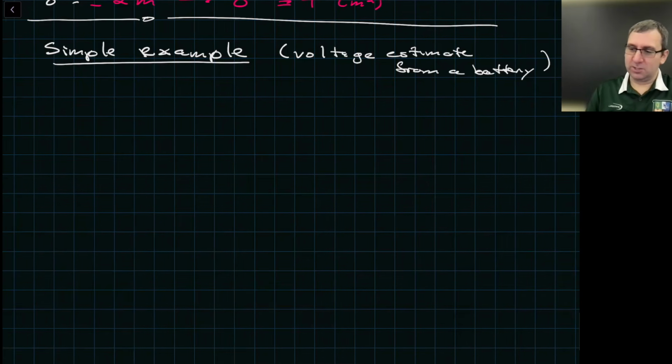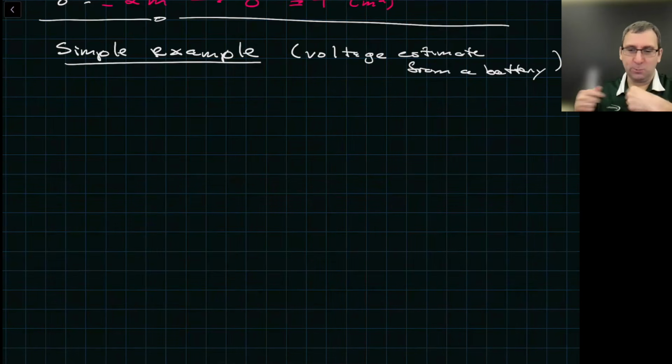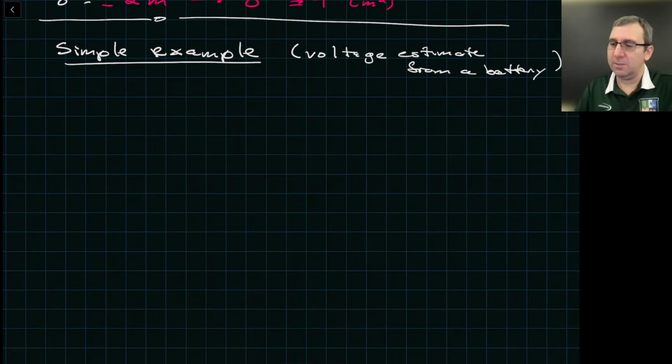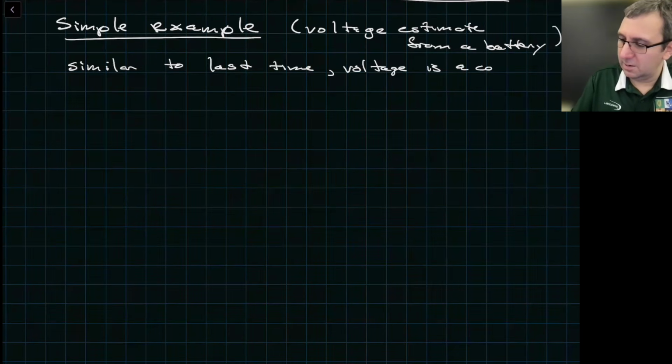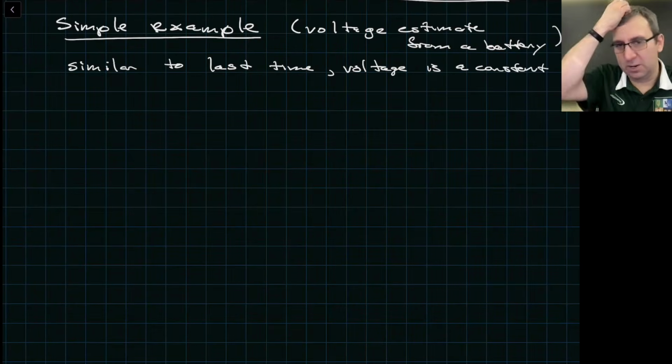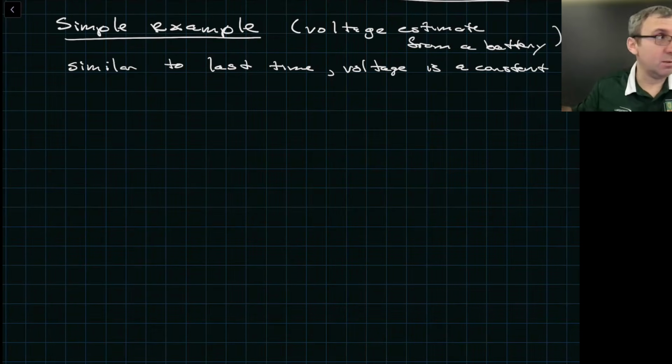The true voltage, which let's say we don't have access to, we only have access to our measurement from our multimeter or something. So similar to last time, voltage is a constant, but our measurement is going to be fluctuating around it.